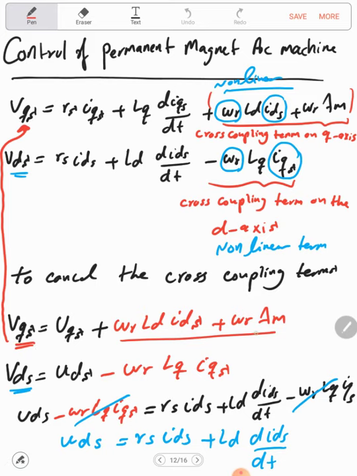So I will add those two terms to the UQS in order to generate VQS. The same thing I will do for the D-axis: I will subtract omega r LQ IQS from UDS in order to generate VDS.